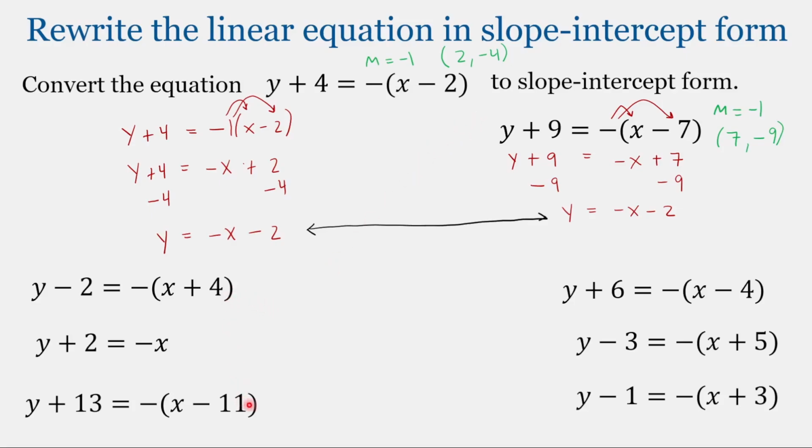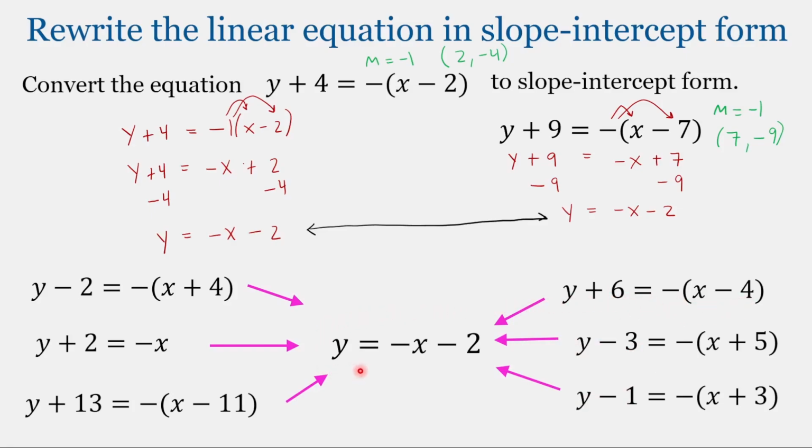In fact, all 6 of these equations here, if you rewrote them in slope-intercept form, would all come out the same. So with point-slope form, you have many ways of writing the equation, a different way for each ordered pair.